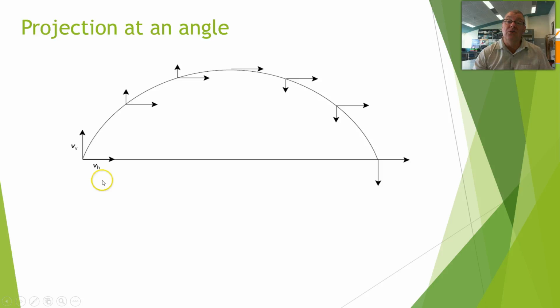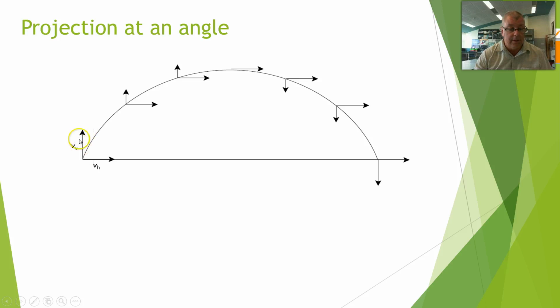Now the ones we didn't do in physical science are these ones, where you project something at an angle and it lands at the same horizontal height. And so what happens is, this is a combination of constant horizontal velocity and the up and down motion that we did do in physical science.